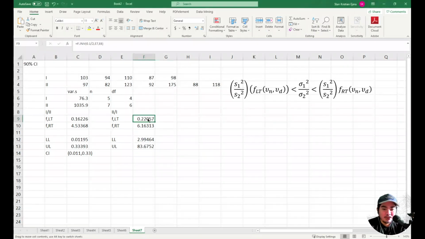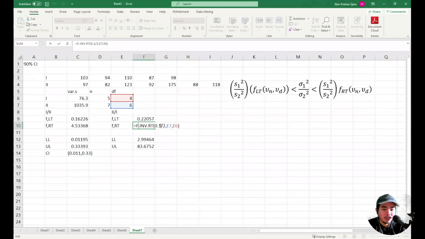Okay. So ito, ginawa ko lang yung same steps class, no? Pero ang ginawa ko is binaliktad ko yung mga numerators and denominators, no? So ito, f.inv ng 0.1 over 2, numerator naman si company 2, denominator si company 1. And similarly sa RT naman, f.inv.rt equal to ganito over ganyan.